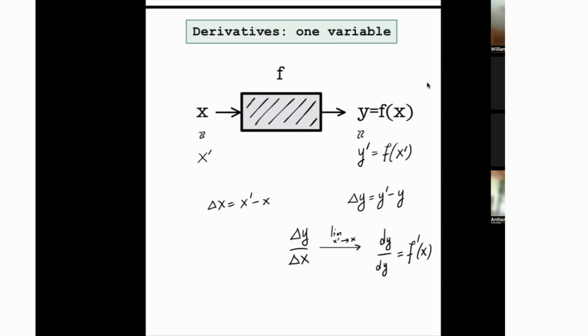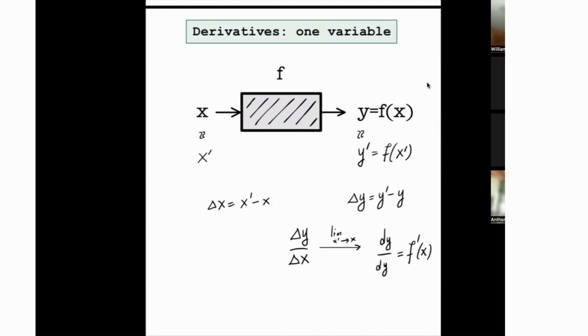The derivative gives you information about how the output changes relative to changes in the input. If the derivative is zero, it means that the output doesn't change if you fiddle around with the input; in other words, the function is constant at that point.